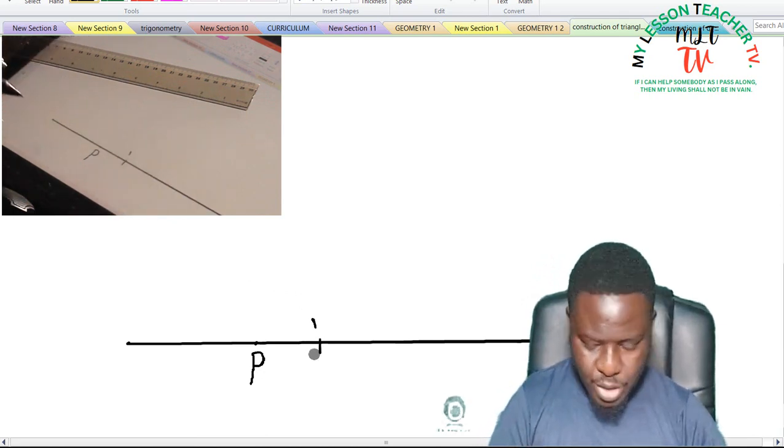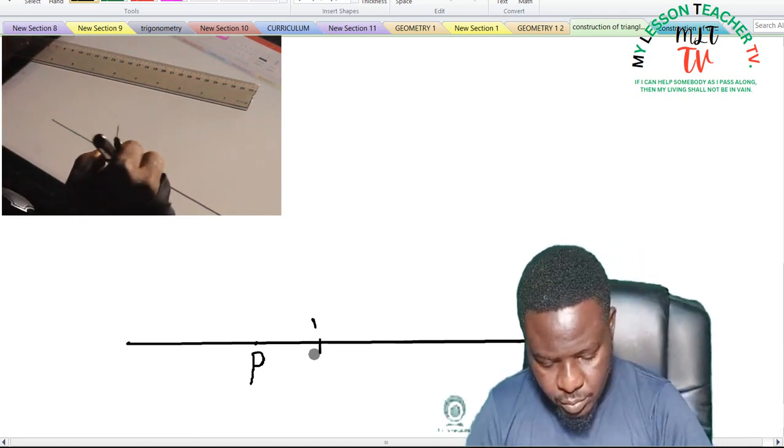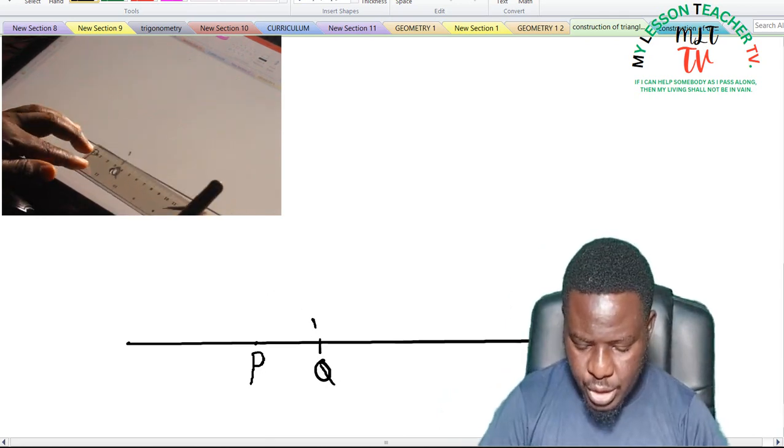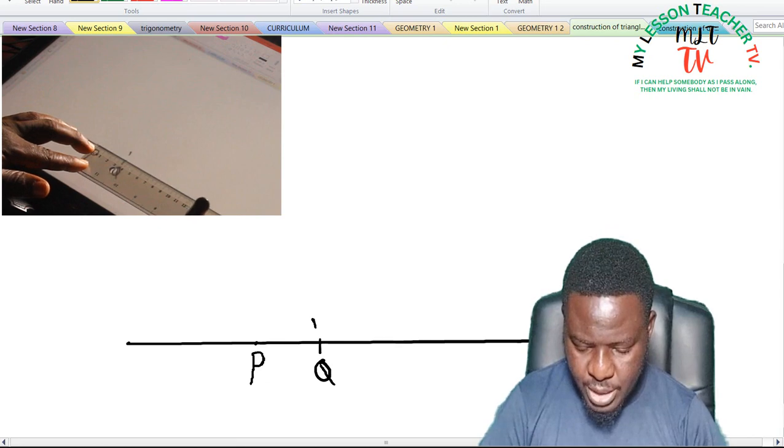So this is my point P, and this is my point Q. And if you measure it, you will discover that it is 3.3 centimeters.